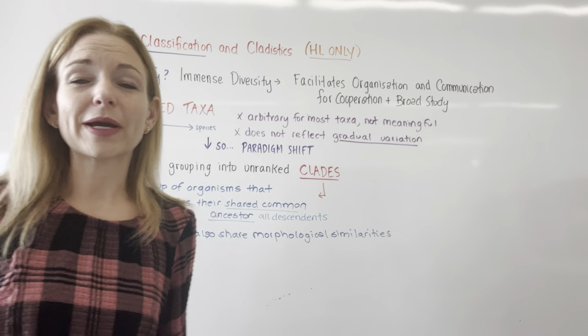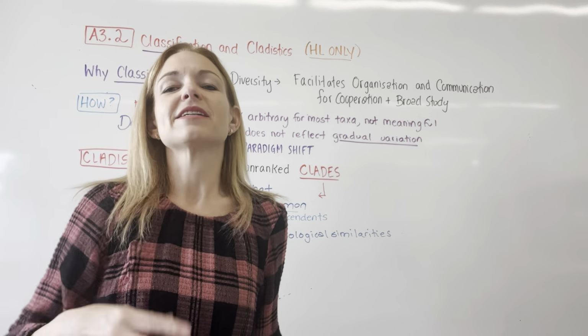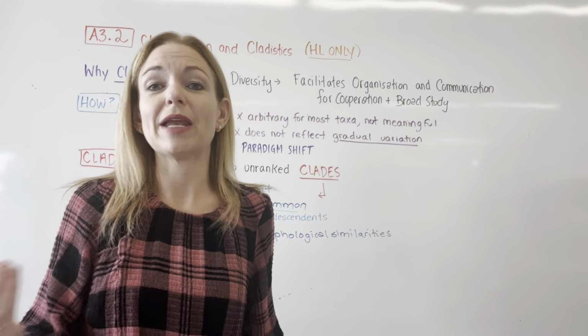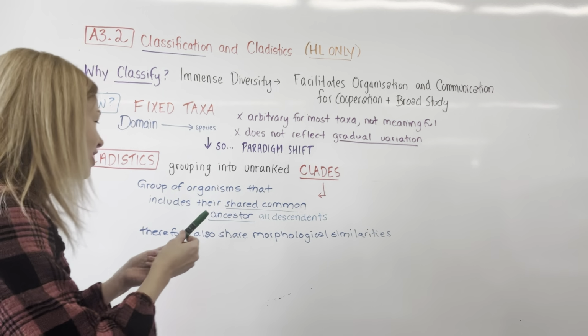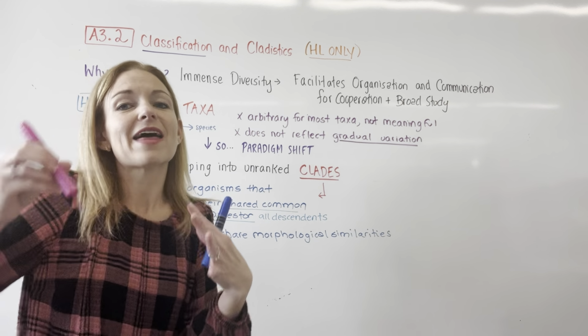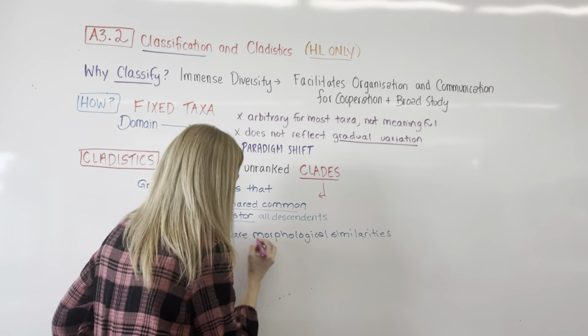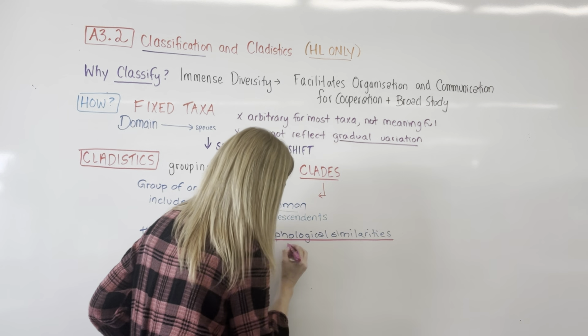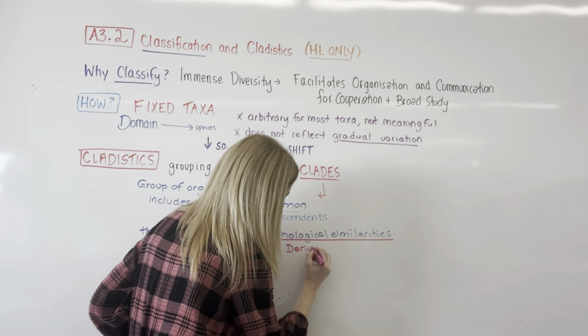The best way to do it is based on DNA evidence, because then you're using the true nature of it. But you can look at these morphological similarities and from that group organisms. These morphological similarities we call derived characteristics or characters.